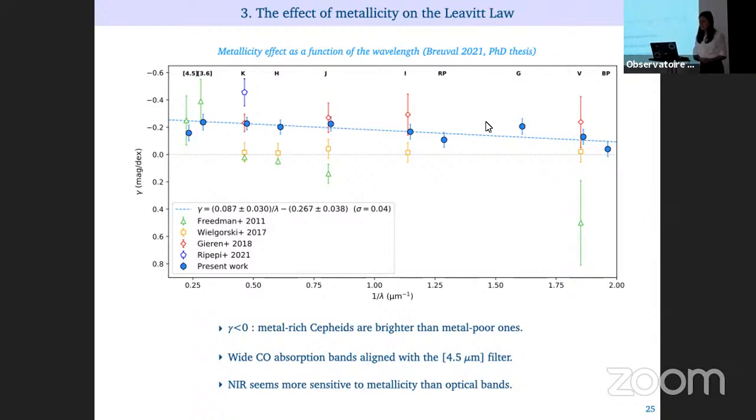So negative sign, 0.2. So this assumption of the universality was tested this way. And at the end, it's a big assumption, but it's justified by the fact that it doesn't change the gamma term if you change a little bit the slope of the PL relation. The difference in intercept is still showing this trend.